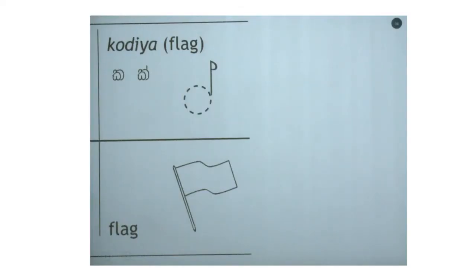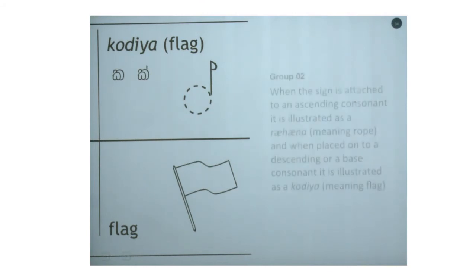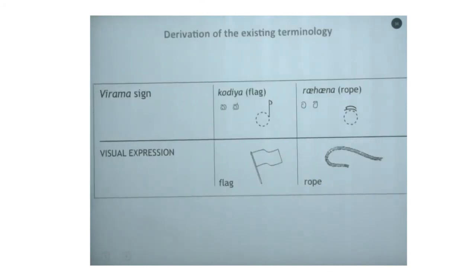So for baseline strokes and for ascending strokes, letters, we have two signs. And then these have different terms. They call it kodia, which means flag. And then the other is called the rahana, which is rope. But mind you, all these terms are not common within all the three experts. This flag and kodia and rahana term is only used by the second expert.